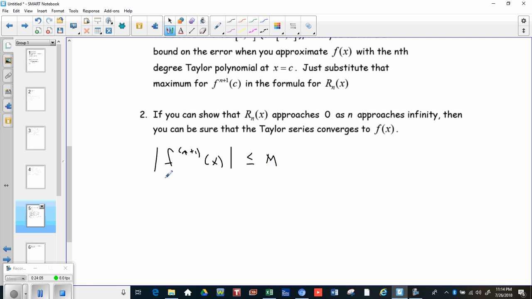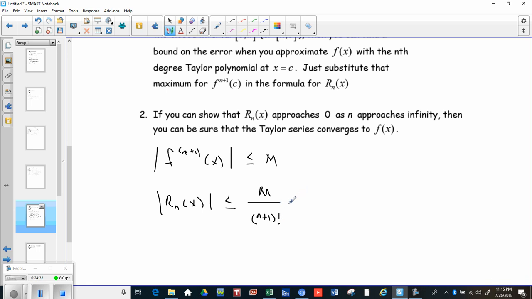Well, this right here, that is that next derivative, is going to say, okay, if this thing right here is less than some M, then the absolute value of our remainder is going to be less than or equal to, since this is the next derivative, we'll just call it M, over n plus 1 factorial.